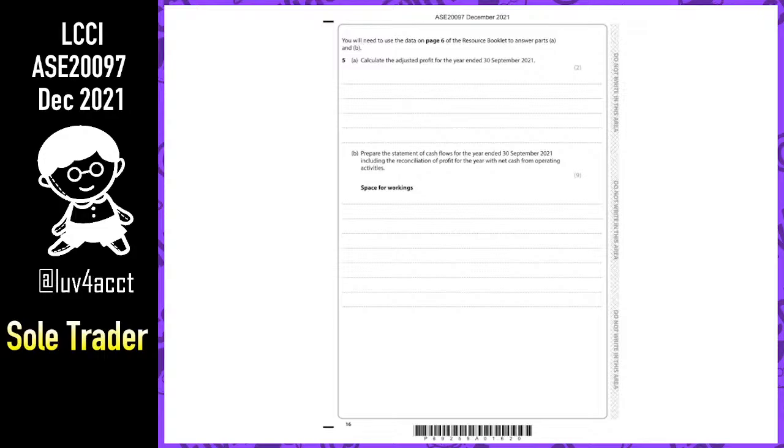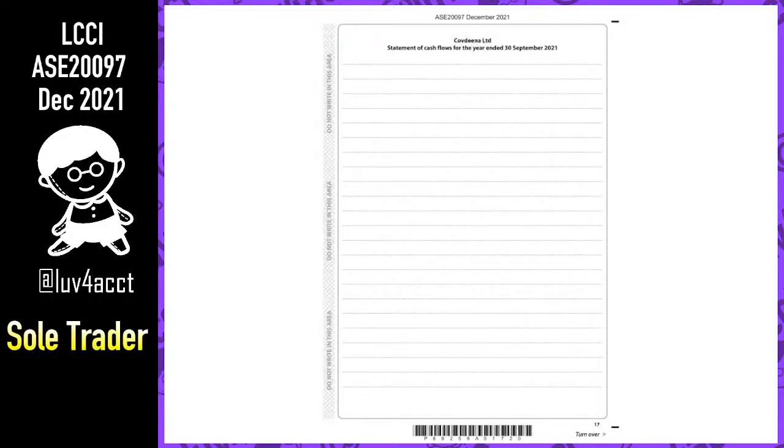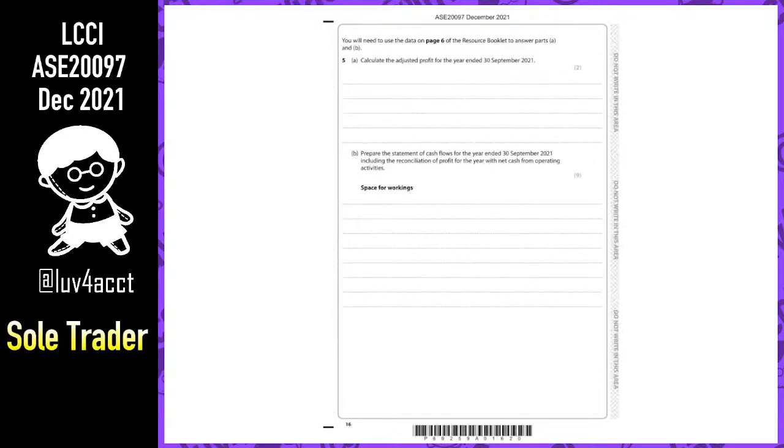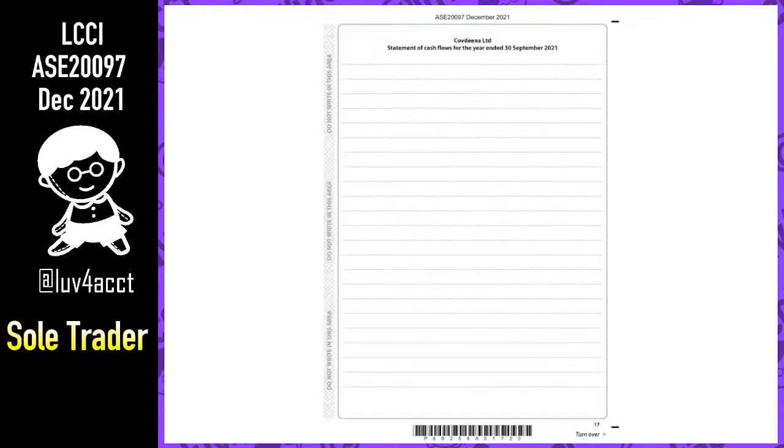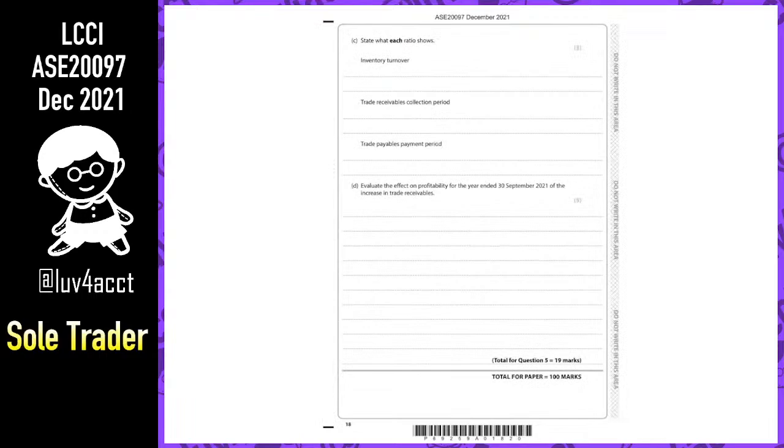Calculate the adjusted profit and then the statement of cash flows. Prepare the statement of cash flow including reconciliation of profit. So that means everything. 2 marks, 9 marks, whole statement of cash flows, and then some ratios things.